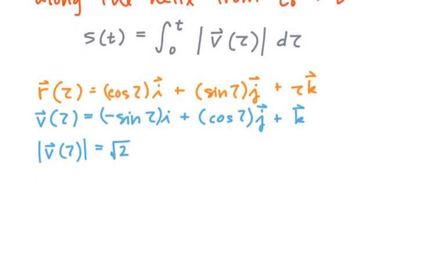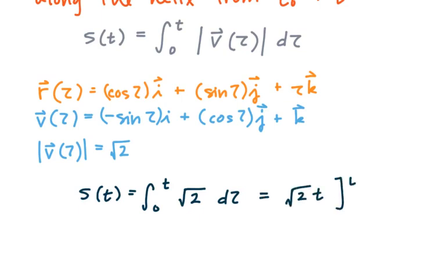All right. So what this tells us now is that s of t is the integral from 0 to t of root 2, because that's the magnitude of the velocity vector, integrated with respect to tau. Integrating this, we're going to get root 2 tau, which needs to be evaluated from 0 to t, which gives me root 2 t minus 0, or simply root 2 t.